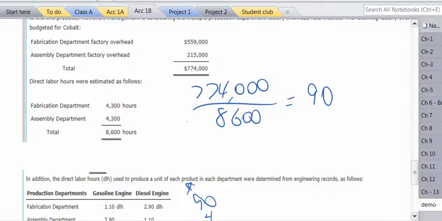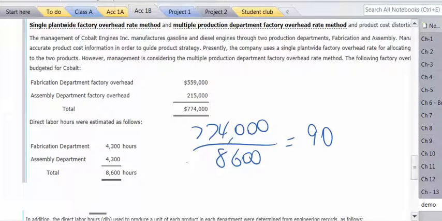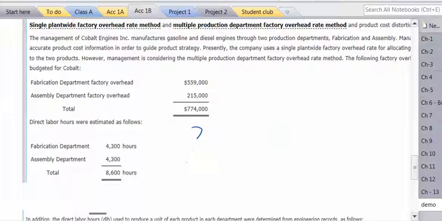So I'm going to erase the single plant-wide rate. And first, I'm going to take the fabrication, which is $559,000. I'll divide that by the number of hours of 4,300.